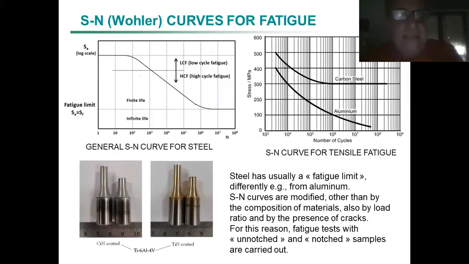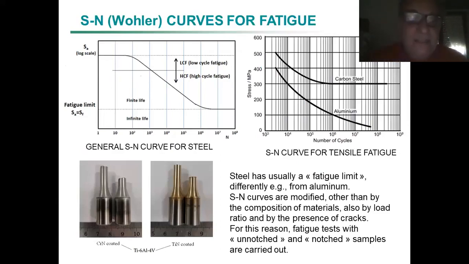You are making the material work for more and more time, and therefore the material is no longer able to withstand the maximum amplitude cycle, and therefore the cycle needs to be reduced if you want to keep the material safe. There is a certain point at which the amplitude is reduced.